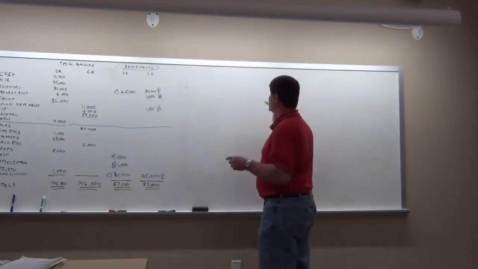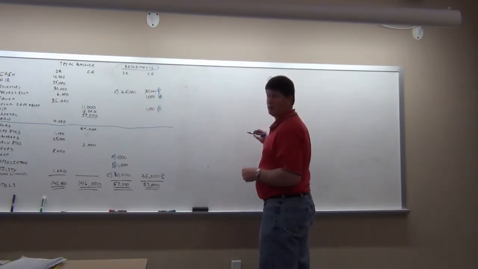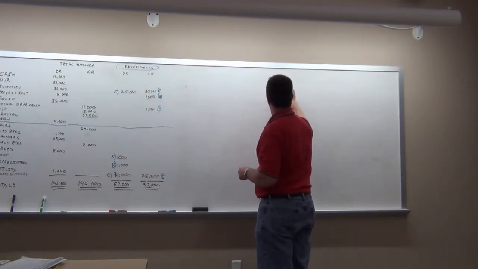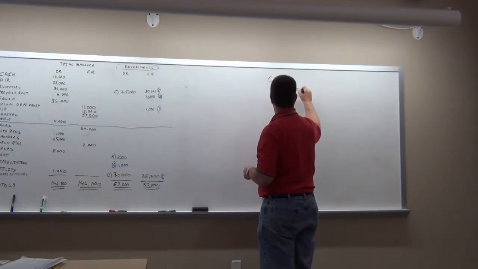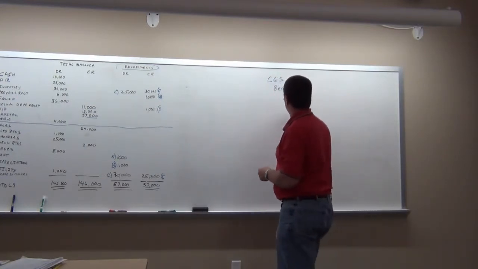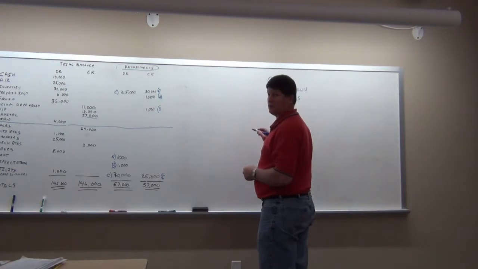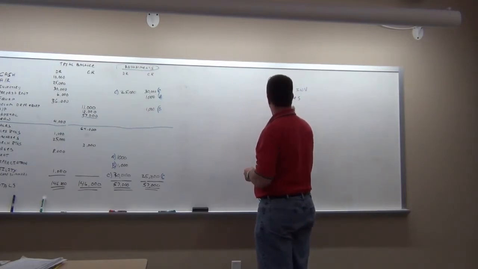For the cost of goods sold section, and I'm going to abbreviate cost of goods sold, you have beginning inventory. And then you have purchases. You could have freight in.